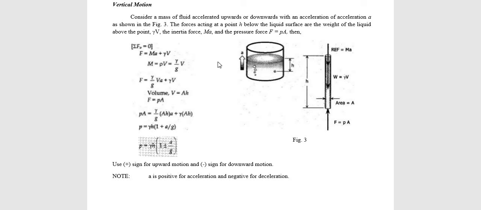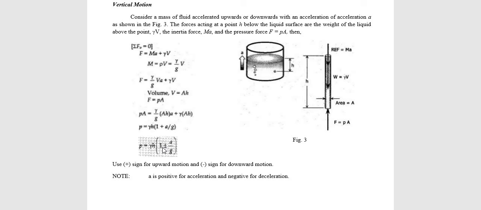So we have this force, force is equal to mass times acceleration plus gamma times the volume. Then, with further derivation, we have the pressure P equals gamma h times 1 plus minus a over g. Again, as you can see, there is a plus minus here.